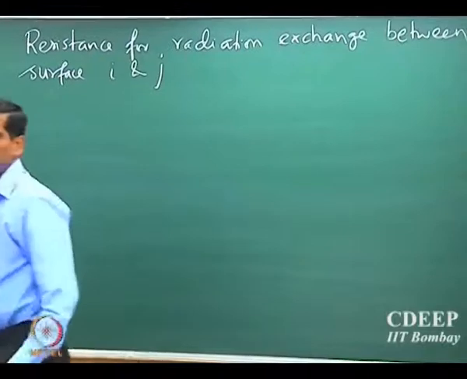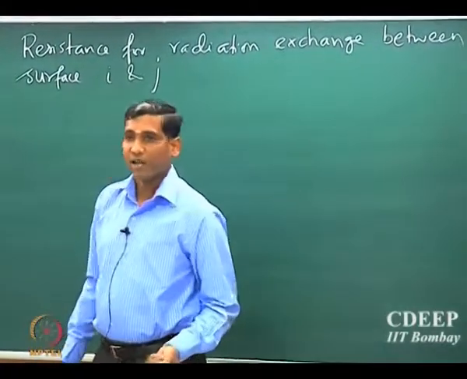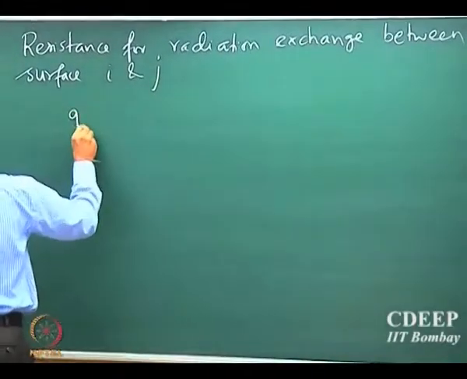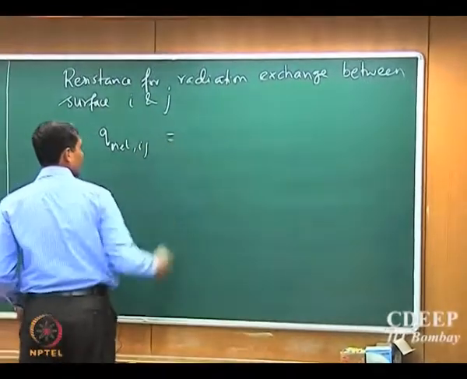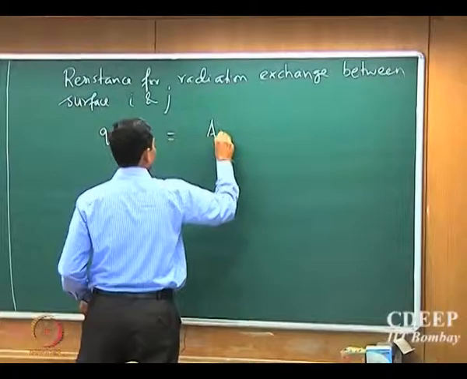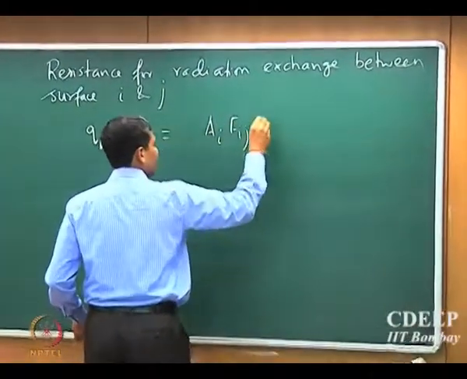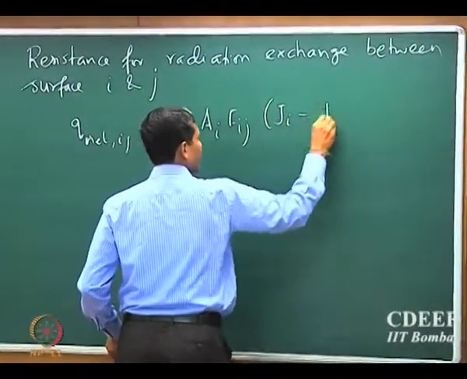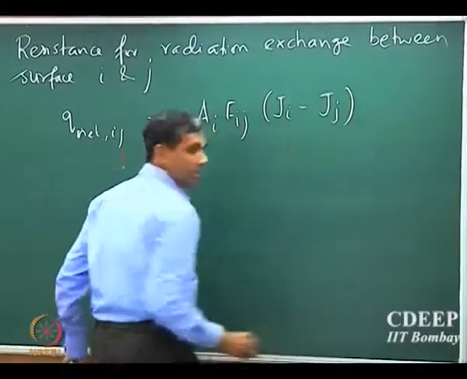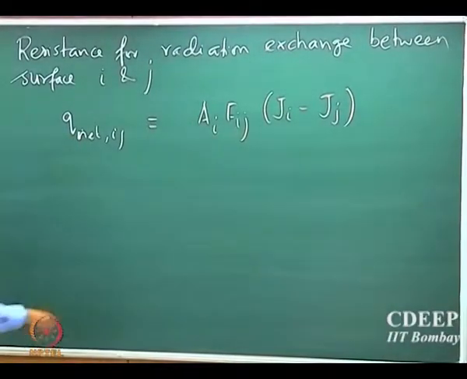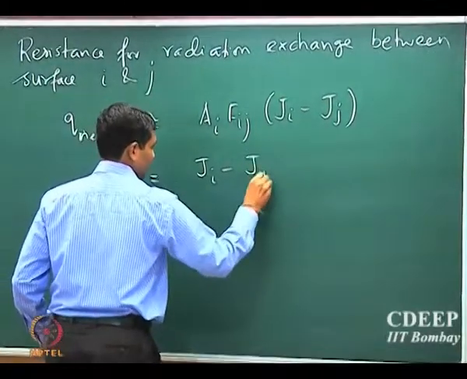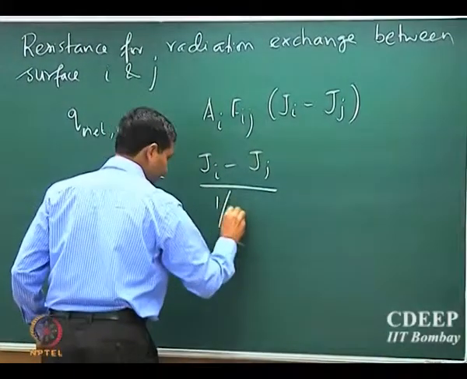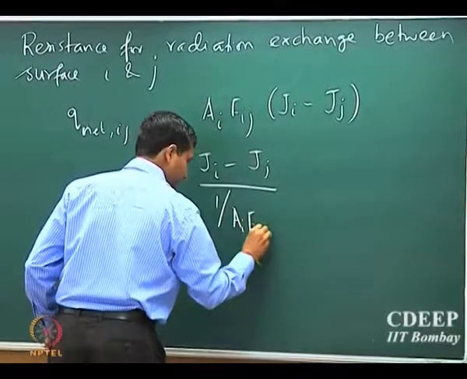Radiation exchange between surface i and surface j is given by Ai Fij into (Ji minus Jj). We can rewrite this as (Ji minus Jj) divided by 1 by Ai Fij.